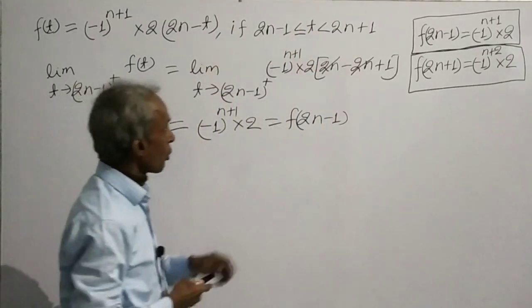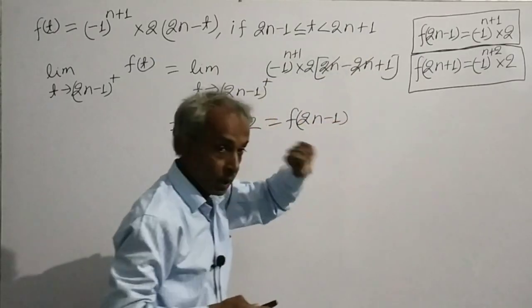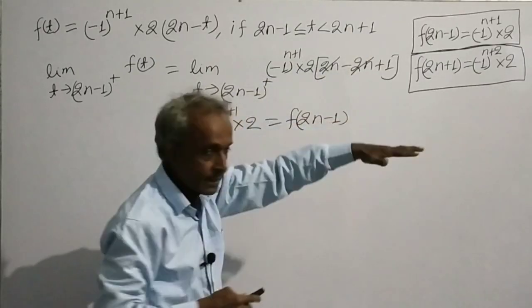Now we want to know whether this function is continuous at the point 2n plus 1 from the left hand side.